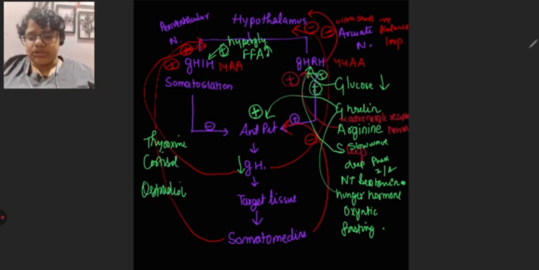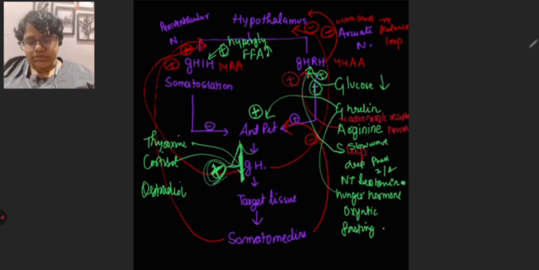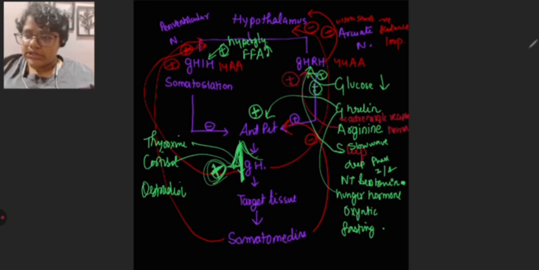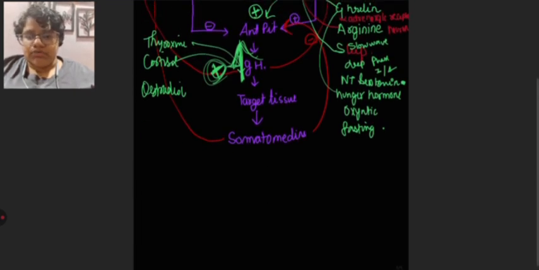Thyroxine and cortisol stimulate growth hormone release, because they have synergistic actions: all of them are diabetogenic, released during stress when there is a demand for glucose. And about estradiol, we know that during puberty there is a sudden growth spurt. This is related to estradiol promoting the effects of growth hormone.